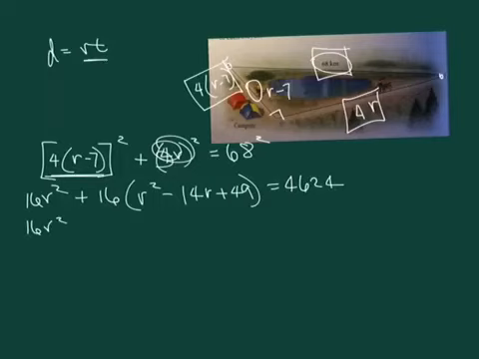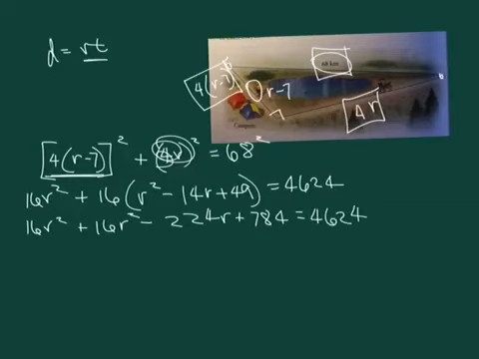16r squared plus 16r squared minus 224r plus 784 equals 4624. We add these two together, and we don't do anything with this.